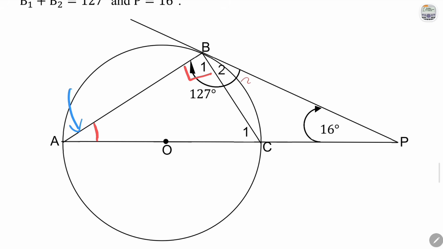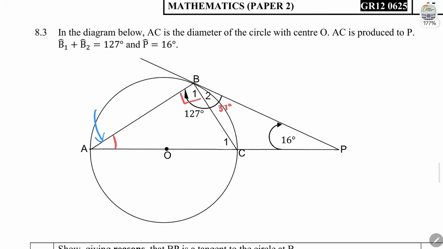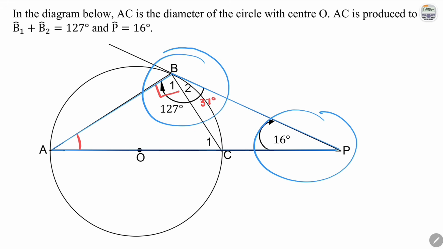And now that we know this is 37 degrees, all we have to do is find angle A. And if that's equal to 37 degrees, then BP is a tangent. How do we find angle A? Well, angle A is part of this big triangle. And you see how this triangle has two available angles already? Okay, so that is 16 degrees and 127 degrees, okay, B1 and B2.